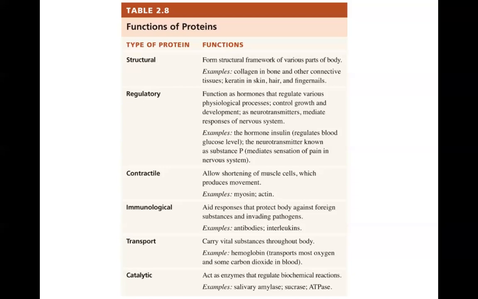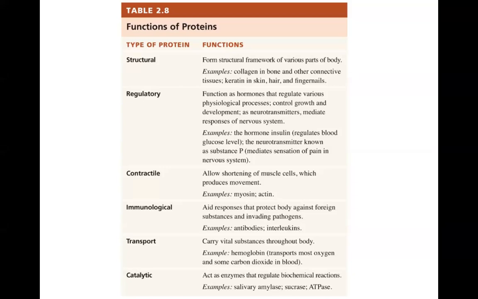They provide protection against foreign substances and invading pathogens. We have proteins like hemoglobin that transport things throughout the body. Hemoglobin is a very complex protein that transports our oxygen and a little bit of carbon dioxide in our blood.